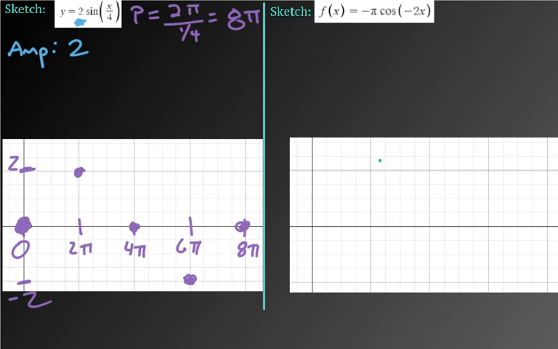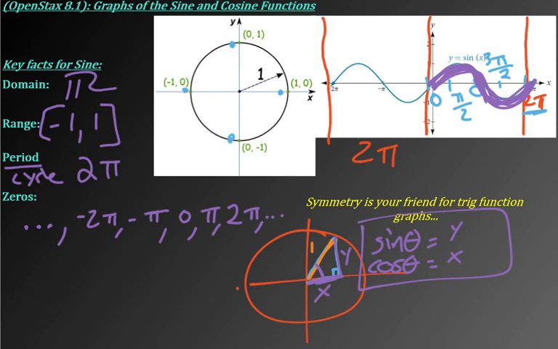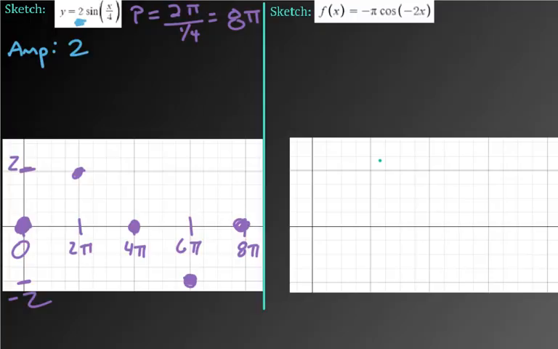So 0, 1, 0, -1, 0. And then you can just connect it with a curve. That's it. It's good to put arrows because it does keep going like that forever. So that is literally all you have to do to graph that one.